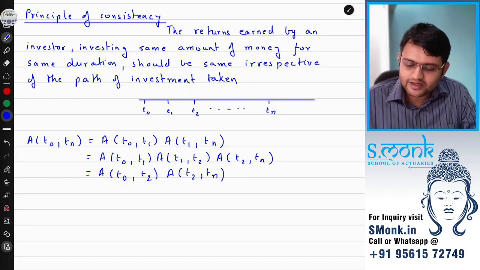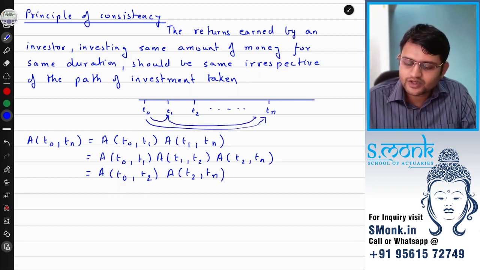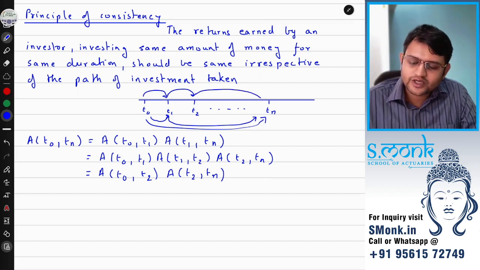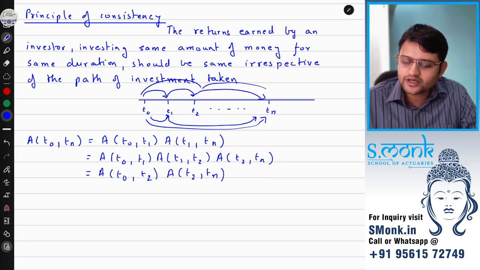Any path that I choose, either I can choose directly from T0 to Tn, or I can go from T0 to T1 and then T1 to Tn, or I choose T0 to T1, T1 to T2 and then T2 to Tn, or I choose T0 to T2 and then T2 to Tn.